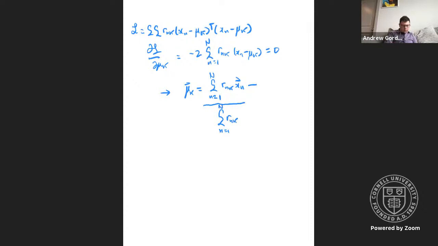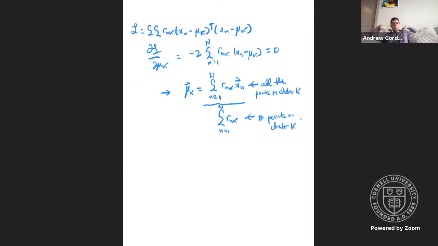The numerator represents all the points in cluster K, and the denominator represents the number of points in cluster K. So this solution is saying, take the mean of all of the points currently assigned to cluster K and let that be mu K. So that's pretty intuitive.